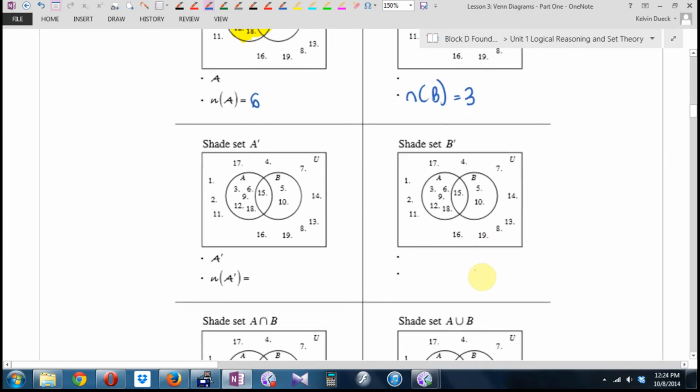Shade set A prime. Jake, what does prime mean? Oh no, I think it was Matt. What does the little apostrophe mean? Complement, not A, right? Okay, so what numbers am I going to be covering up? Okay, the outside.